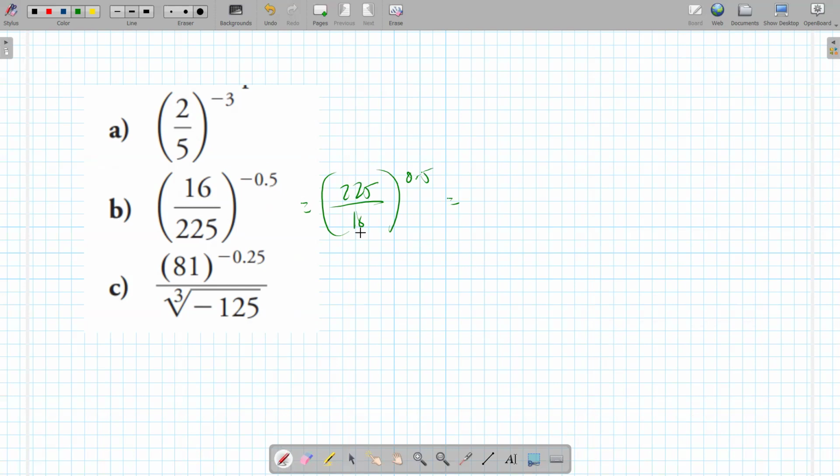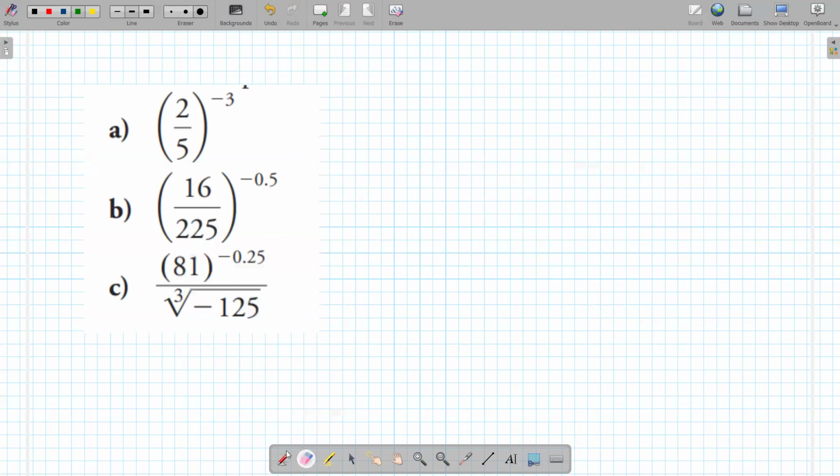Is it as far as we can go? You can turn the 0.5 into 1 over 2. So it's something like this. Square root of 16 is 4. What's the square root of 225? 15. Yep. And that's the final answer, and you're done with that.